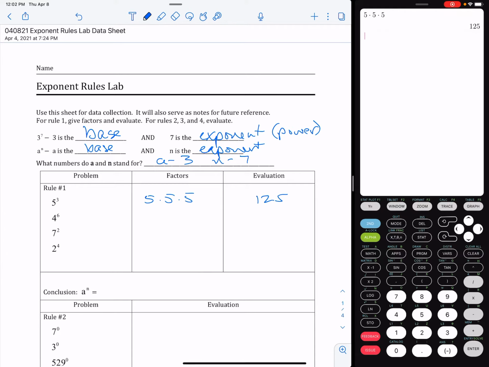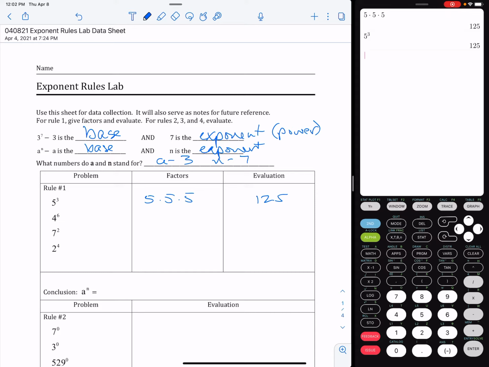The other way, as we've talked before, is to use the exponent key, which we know is this key right here. Okay? So it's that little exponent key right there, and it puts it up above. So you'll notice that it gives you the 5, and then it puts a little box right there so that you're able to type in the exponent. In this case, we're going to type a 3, hit the enter key, and you'll notice we get the same answer of 125.